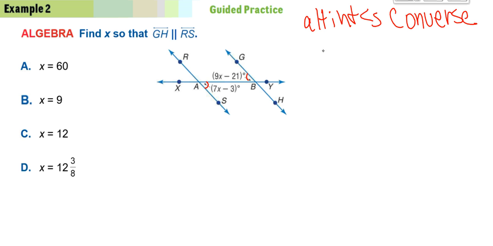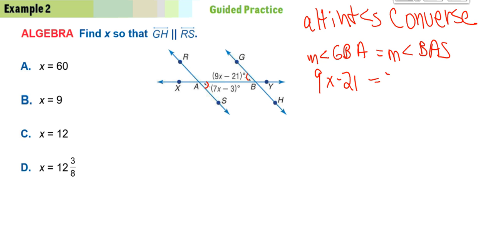So we're going to say that the measure of angle GBA is equal to the measure of angle BAS. Let's write those in: 9x minus 21 equals 7x minus 3.